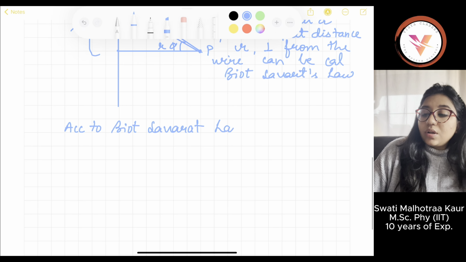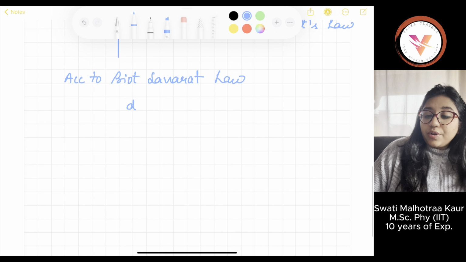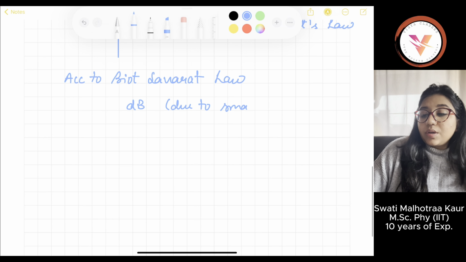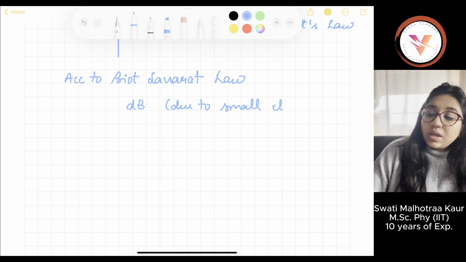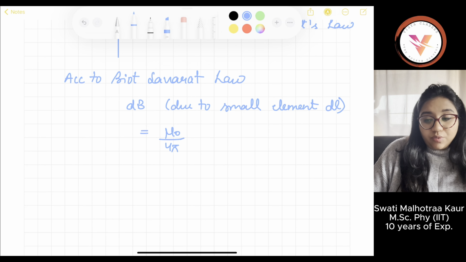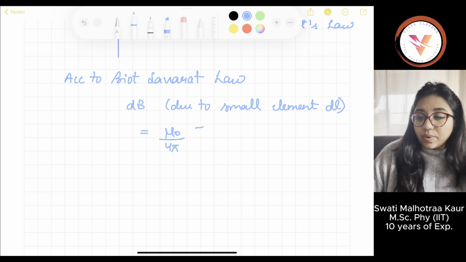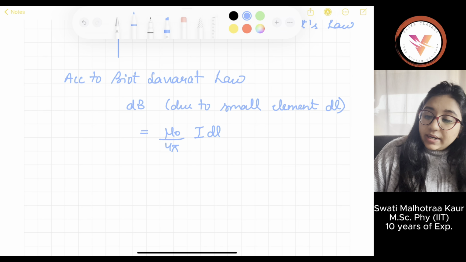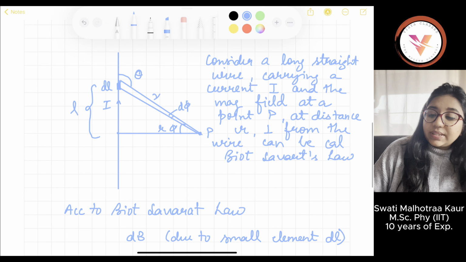Okay. Now, as per the Biot-Savart law, your magnetic field due to small element of length dl is basically equal to mu naught upon 4 pi, I dl sin theta by r square. So I dl sin theta, and that r square is basically this distance.